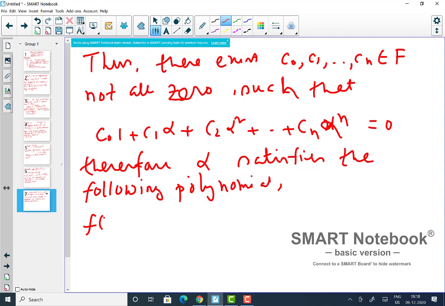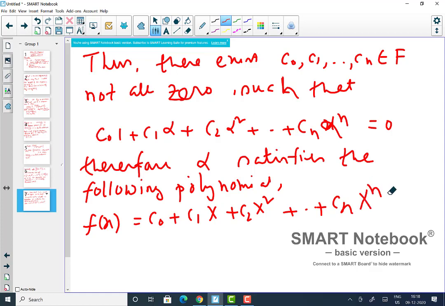This is f(x) equal to C0 plus C1 x plus C2 x square, up to Cn x power n. So alpha is the root of this polynomial, right? And this is an element of F[x], right? So thus alpha is algebraic over F.